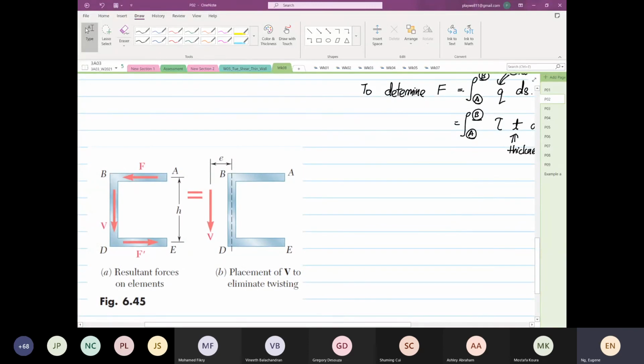Over here, at a point over here, the distance from here to here I call h/2. So this is exactly at the center line over here.